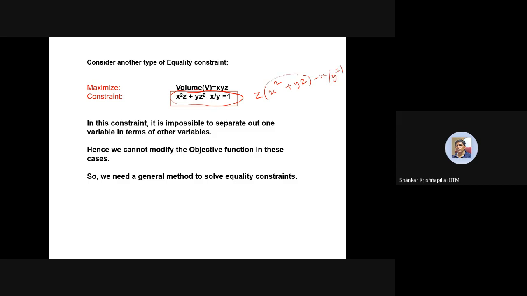You can see that z is occurring inside this expression, so you can't separate z out. Because of this situation, in this constraint it is impossible to separate out one variable in terms of the other variables. Hence, we cannot modify the objective function in these cases.